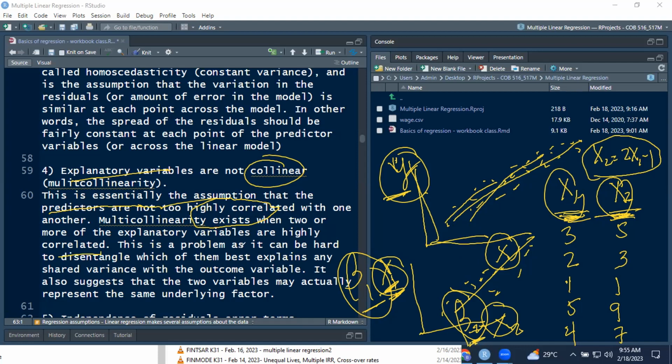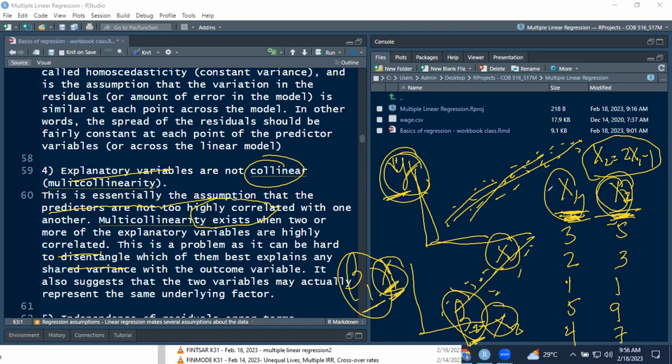This is a problem as it can be hard to disentangle which of them explains what portion of the outcome variable? So hindi natin malalaman kung ano ba yung ina-explain ni x1 about y, ano ba yung ina-explain ni x2 about y when they are perfectly correlated. In fact, magkaka-error yan. Okay? So, any questions so far?